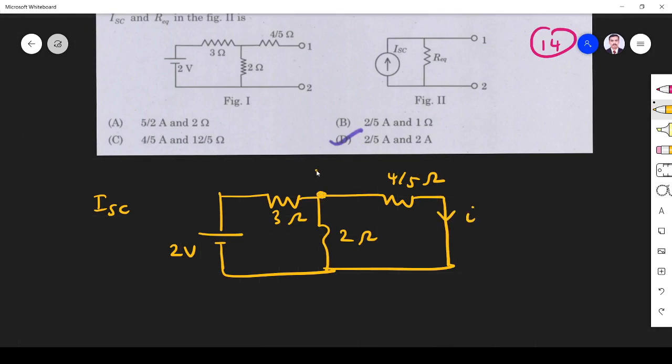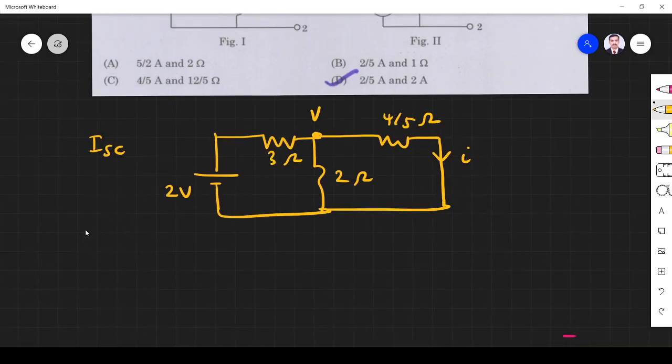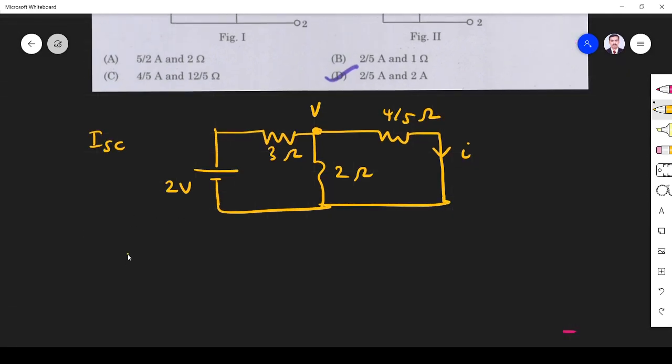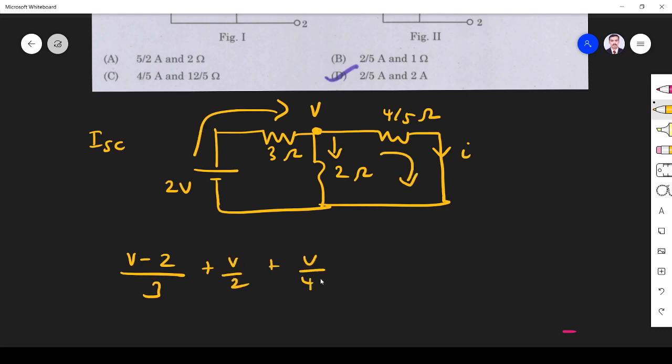I apply node analysis, V at this node. So apply KCL at node V. So (V minus 2) by 3 for this branch, then for this branch it is V by 2, and for this branch it is V by 4 by 5, equal to 0.